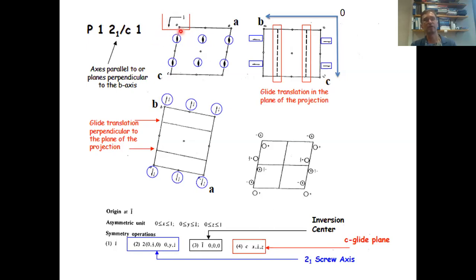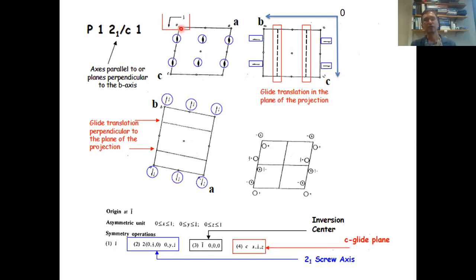The glide plane is perpendicular to C, and you see that it's actually elevated by a quarter of the unit cell parameter B, which is indicated by that 1/4 along the symbol for the glide plane.